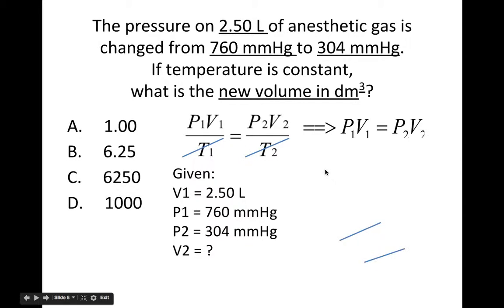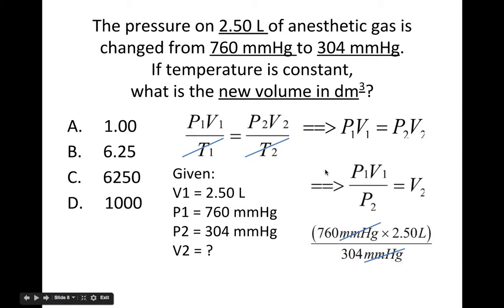So I rearrange my equation, and I get P1 times V1 divided by P2 is equal to V2. And then I just plug in my numbers. 760 millimeters of mercury is my P1, multiplied by my V1, which is 2.50 liters. I put that in parentheses because I want to get that answer first, and then divide by 304 millimeters of mercury.